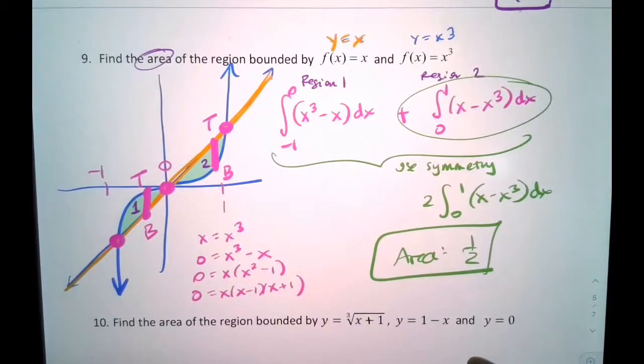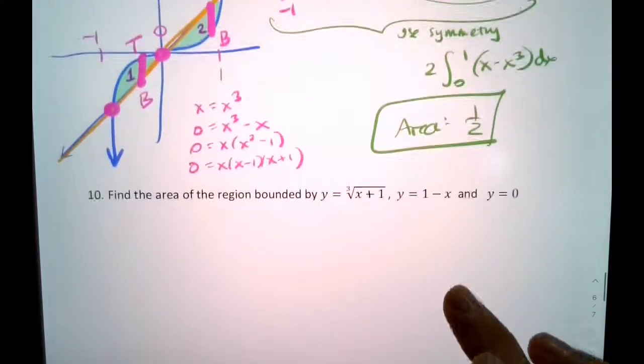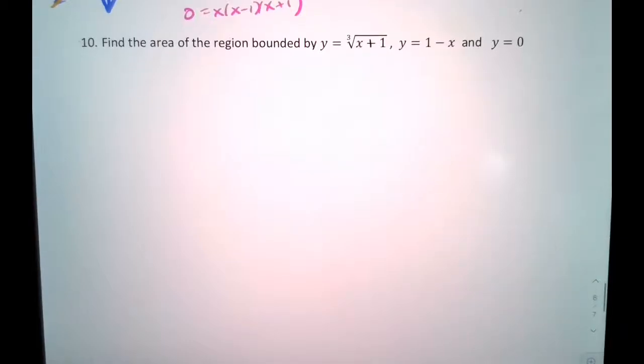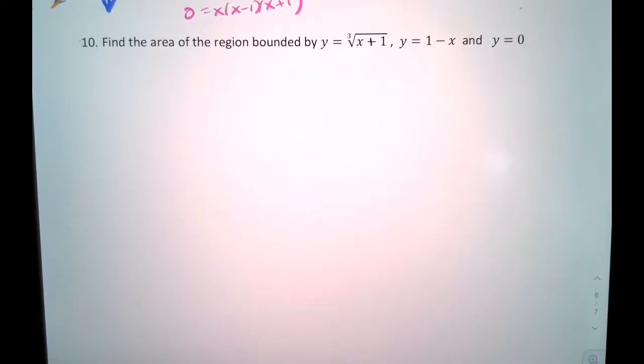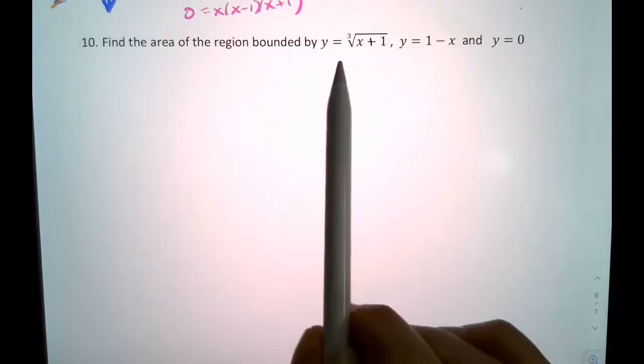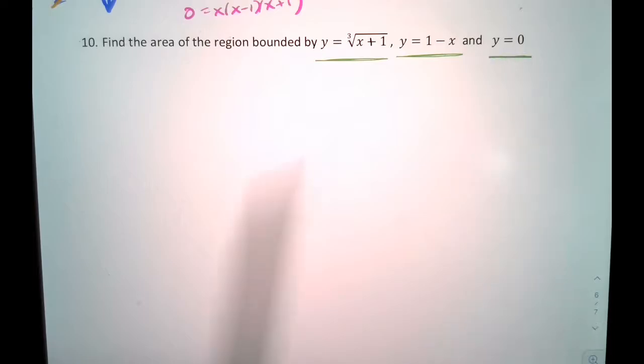All right, so here's our last example in this scenario of area between two curves, which again, this class is a no calculator class. I do need to identify the region, and the region is bounded by 3 equations: this cubed root, a line, and y = 0.